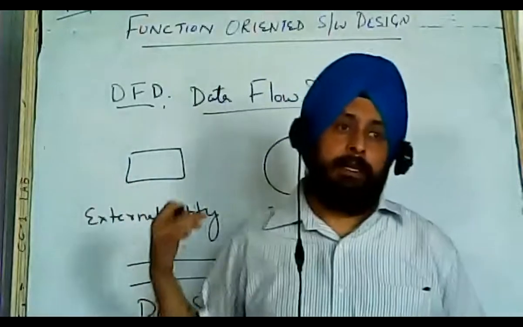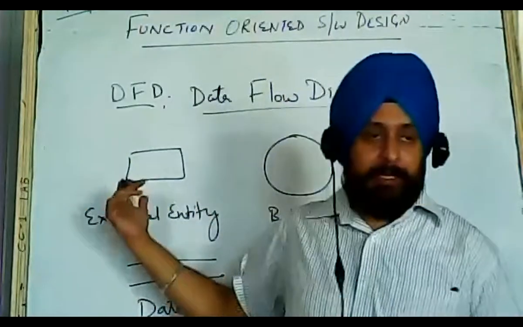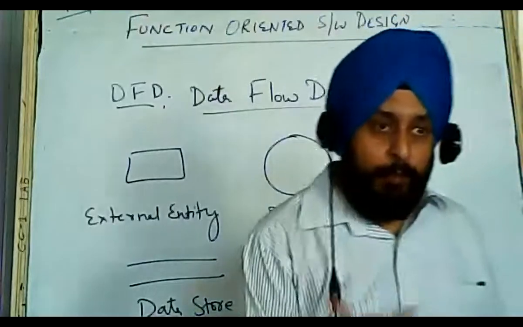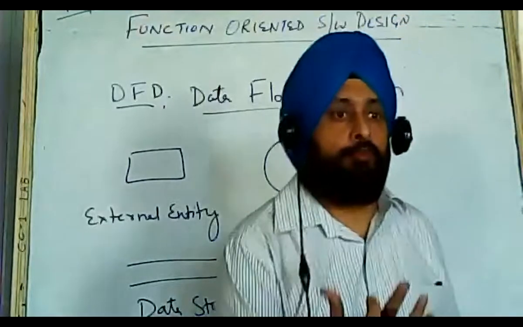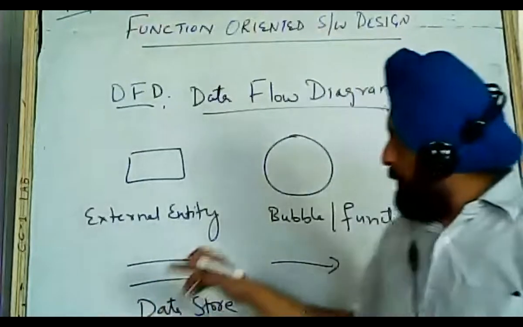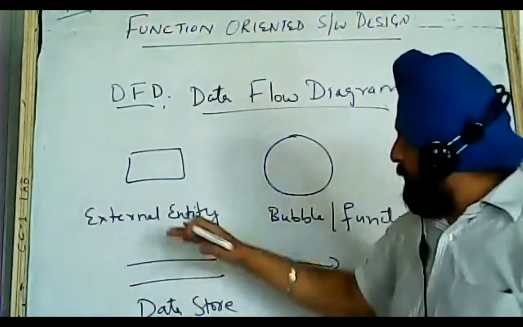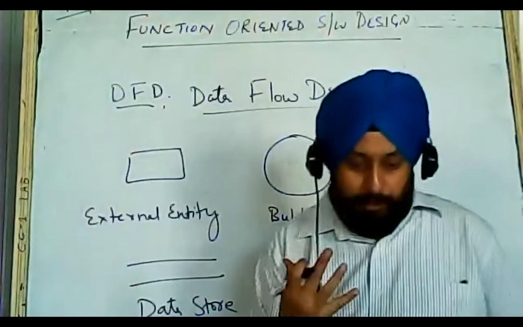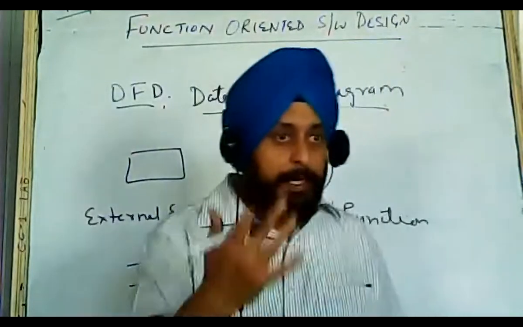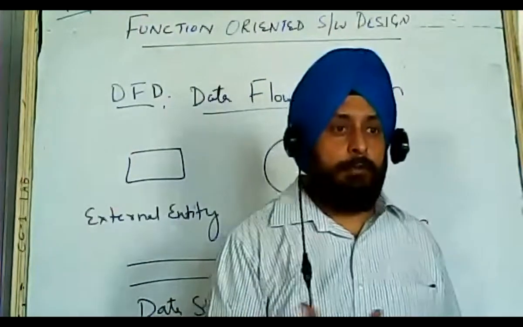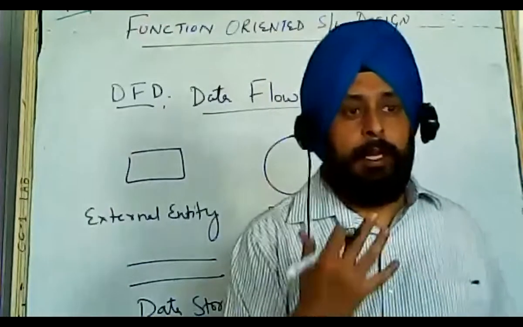We represent a group of objects with the help of a class. Suppose student, teacher, they are all entities. Human is an entity. So it is an external entity. A human is using your system. It has an interface with the software that you are making.